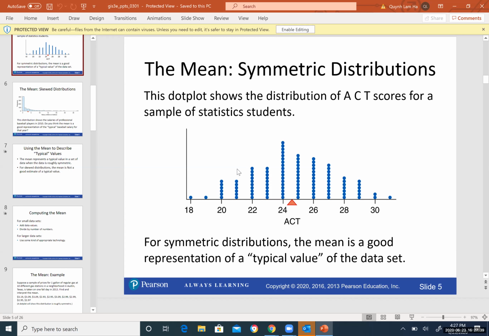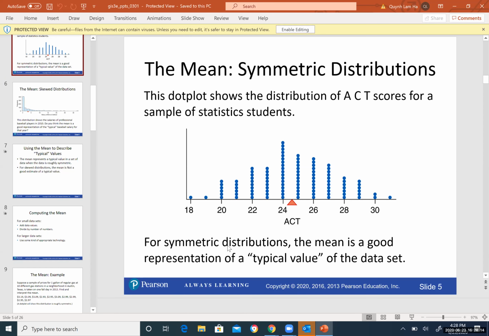This we call a dot plot graph display. Each dot represents one student, and the number down here represents the score the student got. So one student has an 18 score, one student got 19, and how many got 20? Count 1, 2, 3, 4, 5, 6. 6 students got a 20 on their ACT.